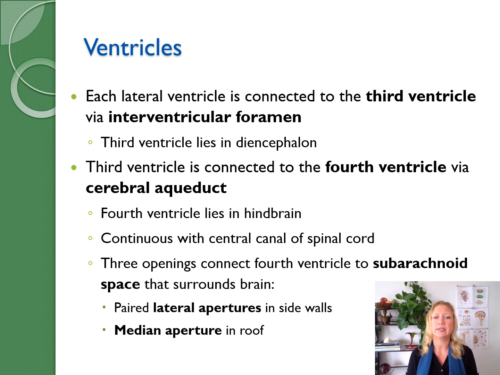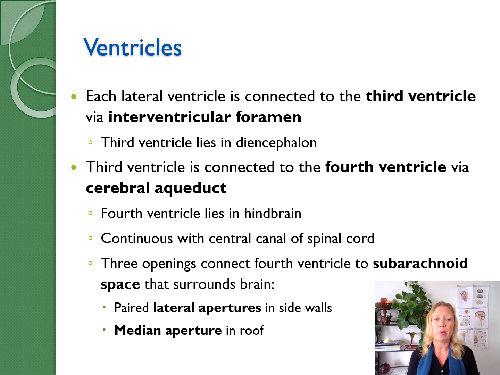Third ventricle is connected to the fourth ventricle via the cerebral aqueduct. So remember we had our superior and inferior colliculi, and then we had the tegmentum on the other side, and then that cerebral aqueduct connecting the third and the fourth ventricle. Fourth ventricle lies in the hindbrain. It's continuous with the central canal of the spinal cord.